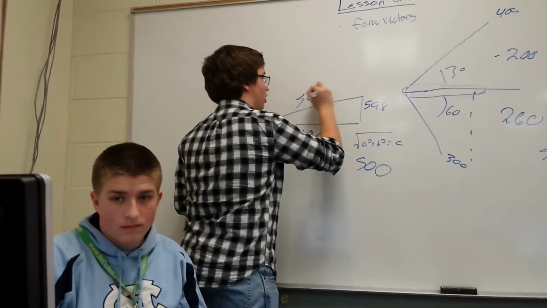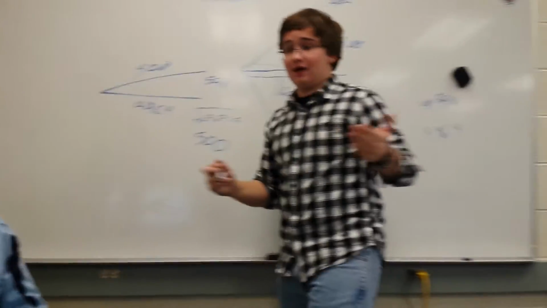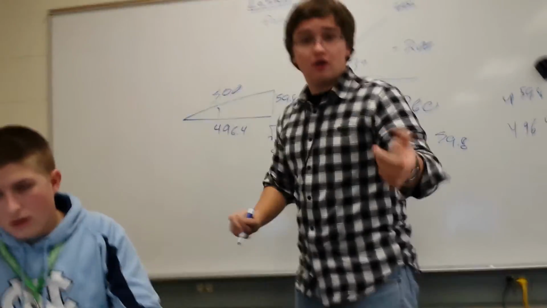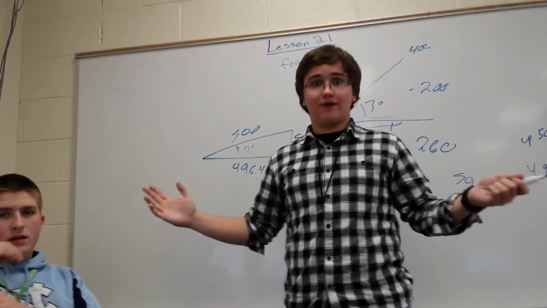So this is 500. Then you round it, and you can use SOH CAH TOA again to find this angle at 7 degrees, and then you just found your force. Good. Congrats. Hooray!